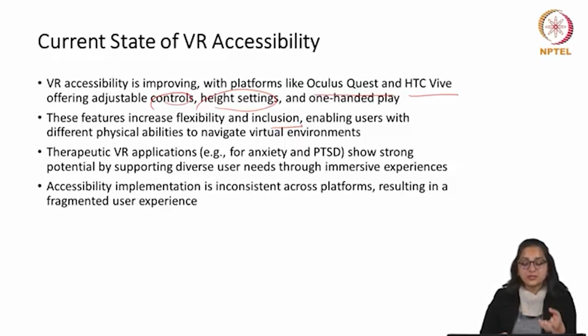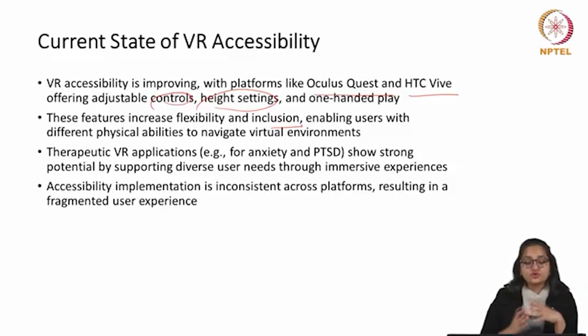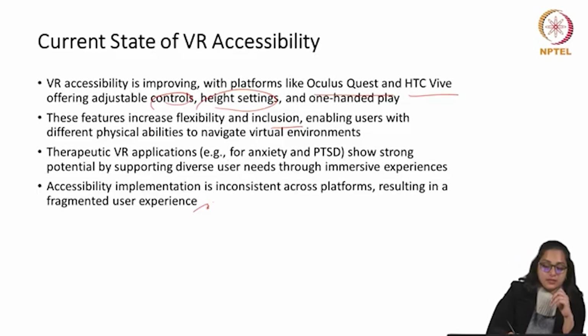Therapeutic VR applications, for example for anxiety or PTSD, show strong potential by supporting diverse users through immersive experiences. Accessibility implementation is inconsistent across platforms, resulting in a fragmented user experience. So, again, this is a challenge.